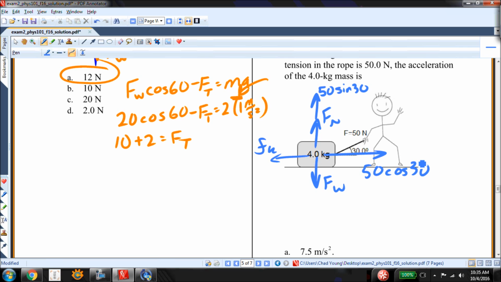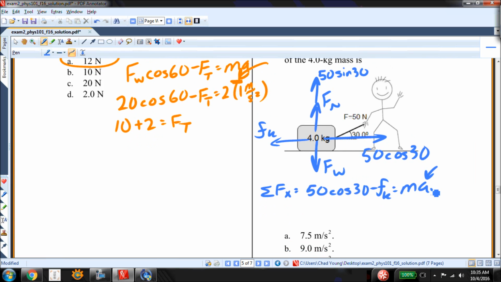And now I want to know what the acceleration is. Well, I want to look at the sum of the forces in the x direction. That's 50 cosine 30 minus Fk equals max. This is what I want to know, but I don't know Fk, so I need to figure that out. In order to do that, I need to figure out the normal force first.